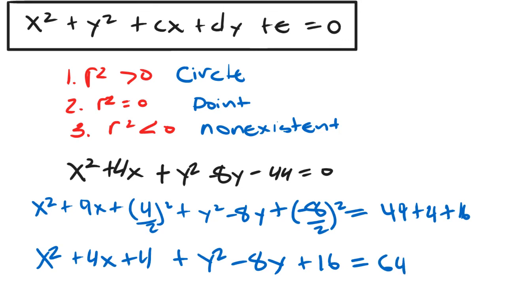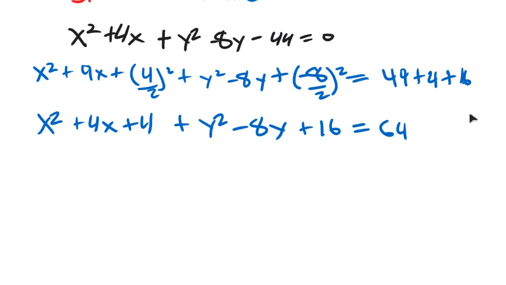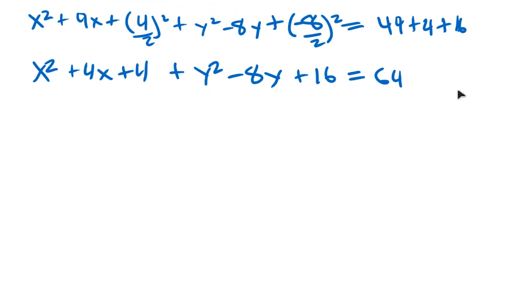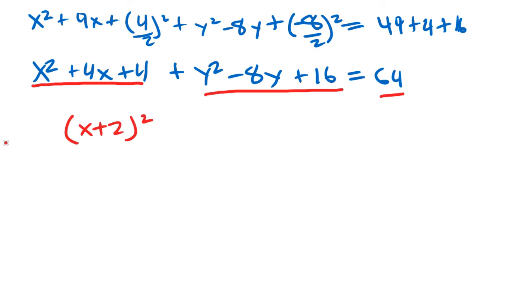Now, what should we do next? We should combine these terms, because each represents a perfect square trinomial, and 64 is just 8 to the second power. So this is going to give us (x plus 2) squared plus (y minus 4) squared equals 8 squared.